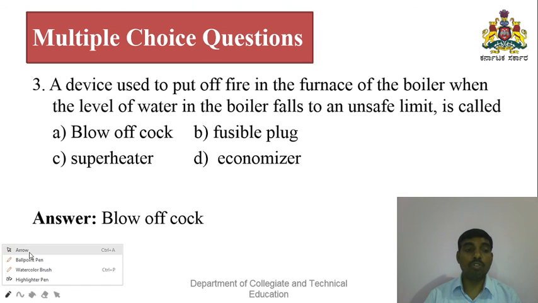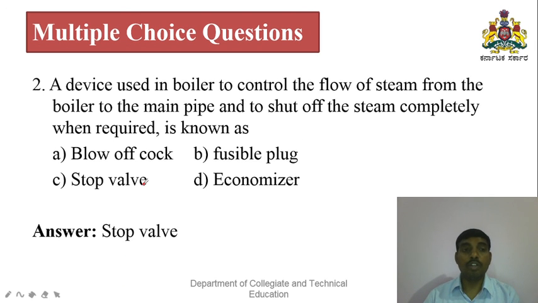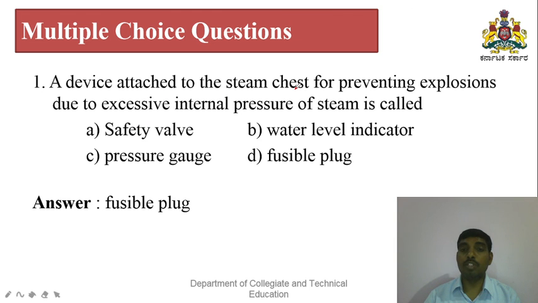It is given wrong here as blow-off cock. This is not a blow-off cock. And the device attached to the steam chest for preventing explosion due to excess pressure is a safety valve, not a fusible plug. So some mistakes happened. Please go through this.